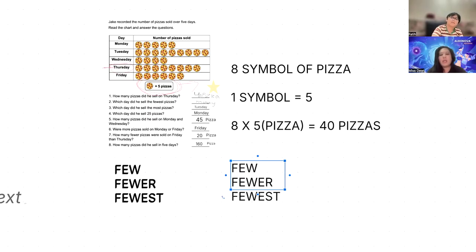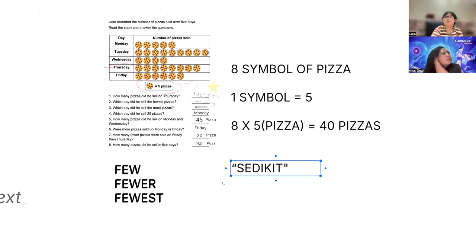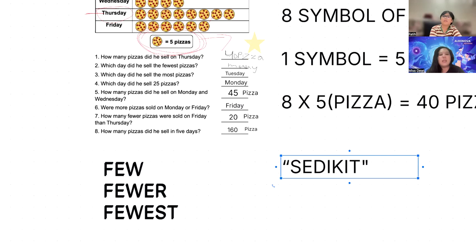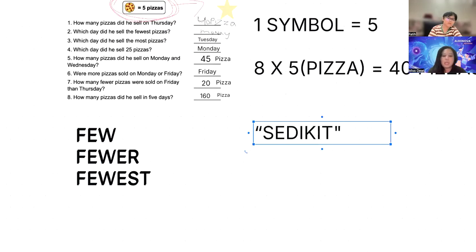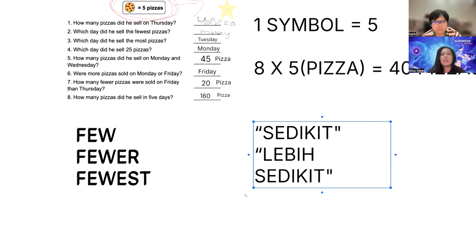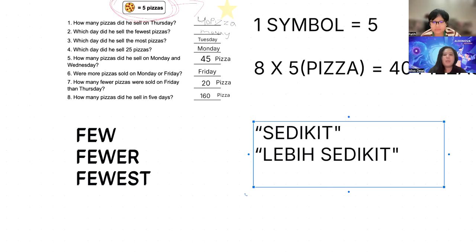But in Indonesian, there are no such rules to say sedikit using the -er or -est endings. Instead they use sangat sedikit, lebih sedikit, and if you want to represent a very, very small number, you can say sangat sedikit, or you can also use paling sedikit.